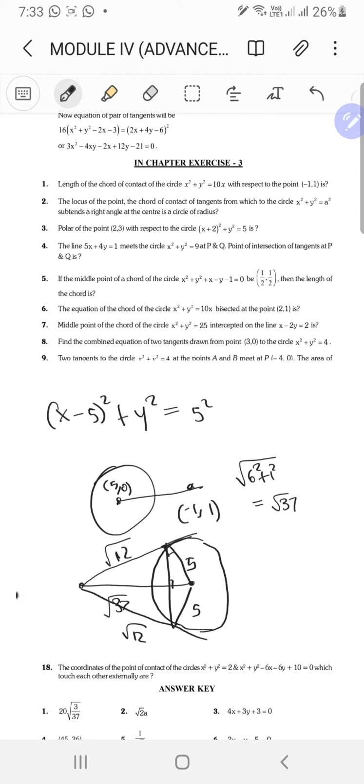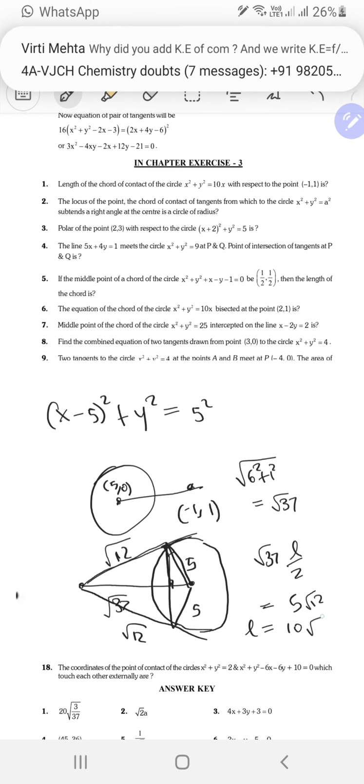What should we do now? Oh, let's just use area. So square root 37 times half the chord of contact, call the chord L, so this is L upon 2. This should be equal to 5 times square root 12, because of the area of this triangle. So that means L is 10 square root 12 upon square root of 37.